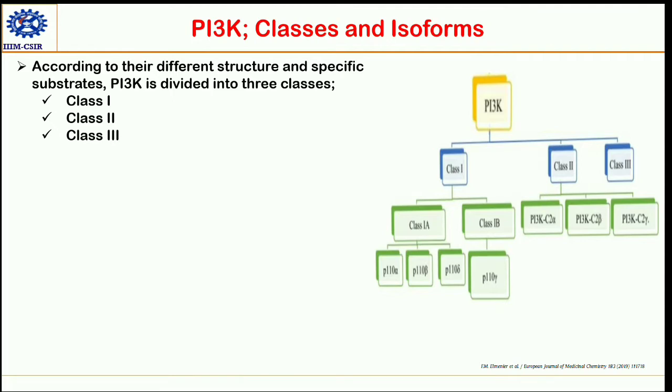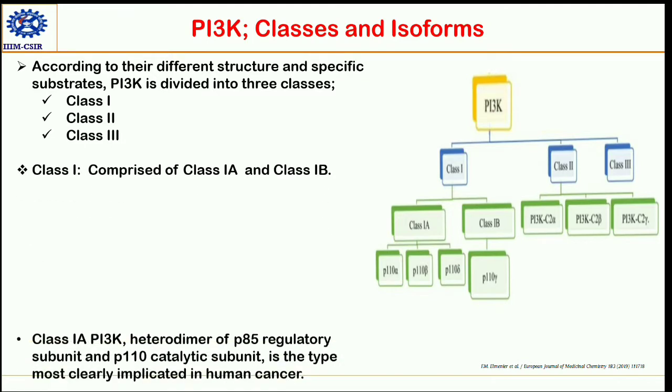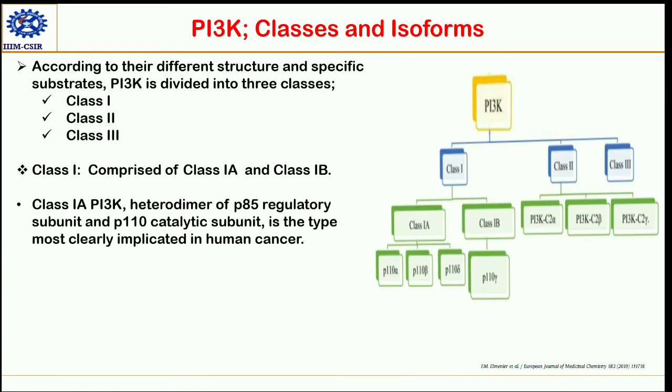Class 1 PI3 kinases are divided into two main subclasses, class 1A and 1B, according to their mode of regulation. Class 1A PI3 kinases are heterodimers that consist of P110 catalytic subunits and a P85 regulatory subunit.